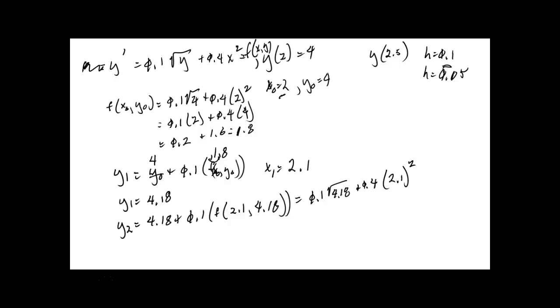That's what I did here. 0.1 times the square root of 4.18 plus 0.4 times 2.1 squared. Calculate that for me. Just the F part.